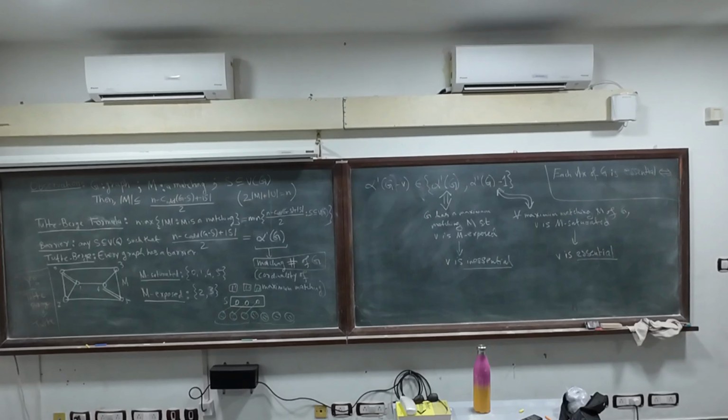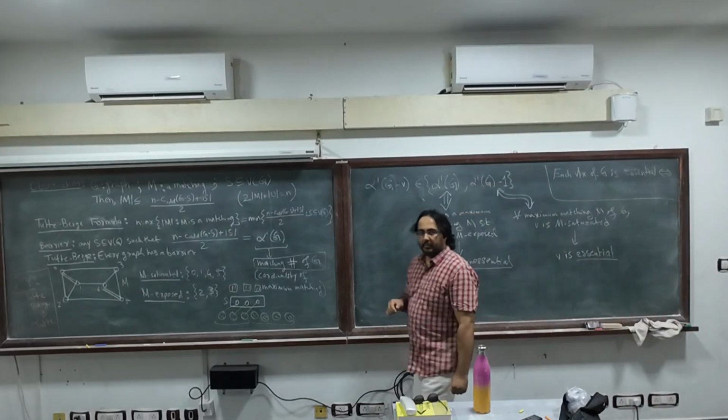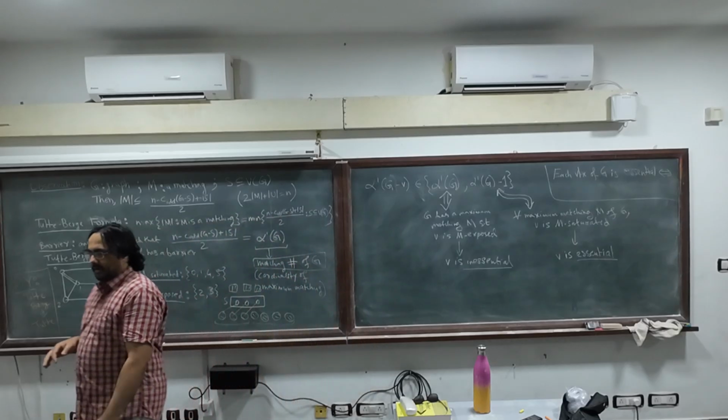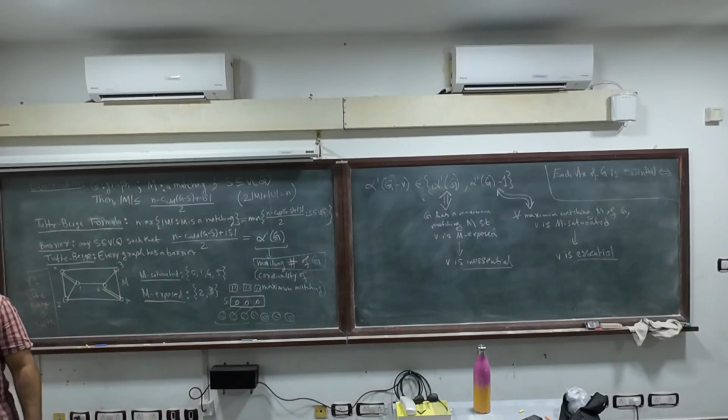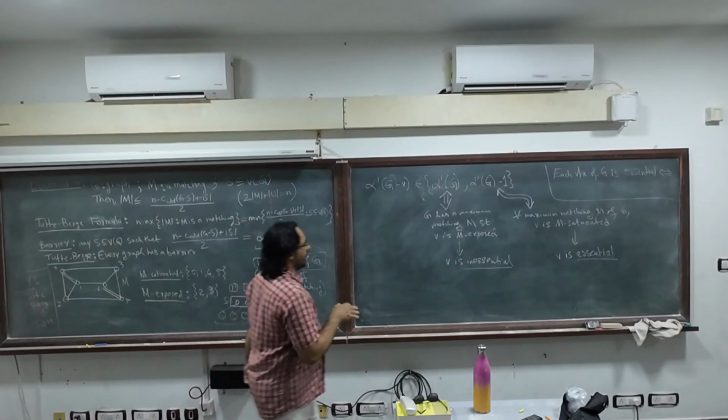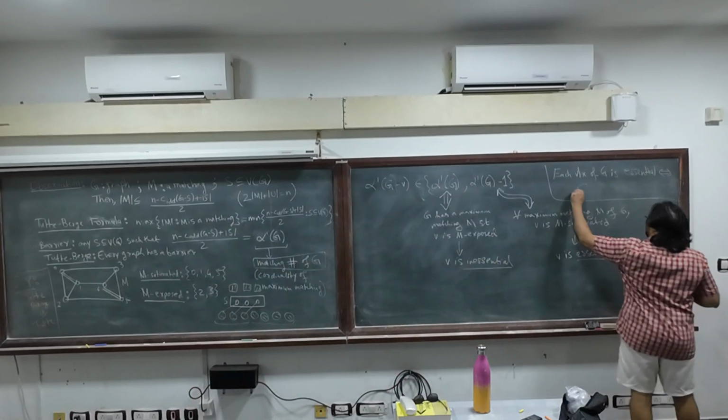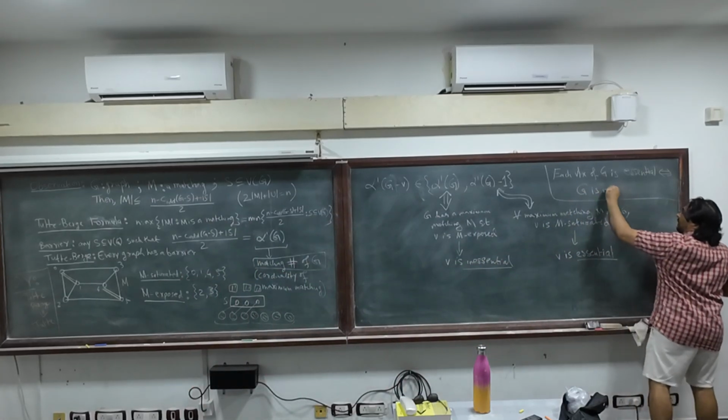That is a matching of the smaller graph. So you still have a matching with 1 less edge. Everybody has figured it out? Every vertex being essential just means that the graph has a perfect matching. You all agree? This is the same as saying that G is matchable.